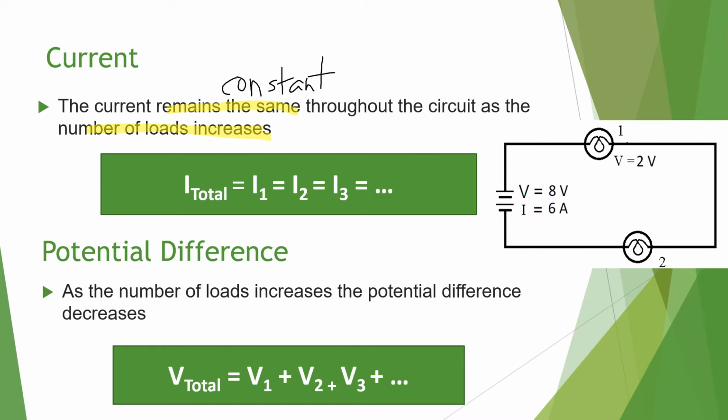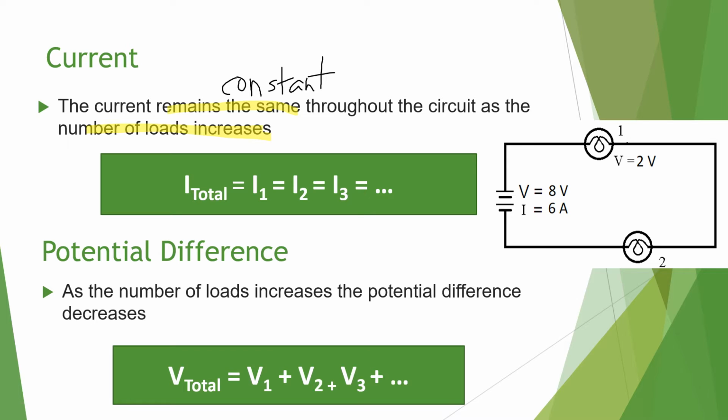If you have one light bulb, or you add a second light bulb, or a third load, say a clock, regardless of the number of loads added to the circuit, the current is going to remain constant, or the same, throughout the circuit.